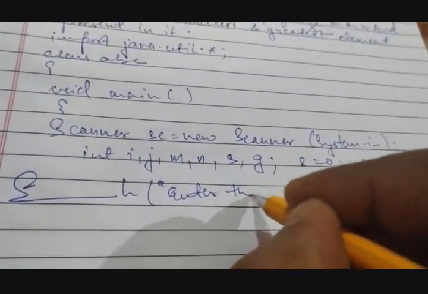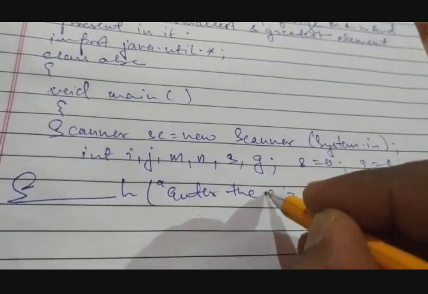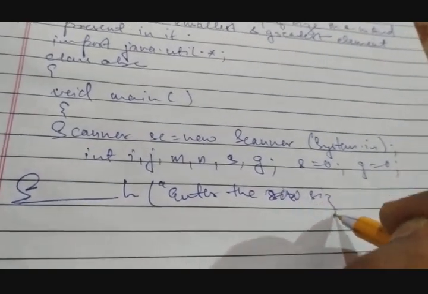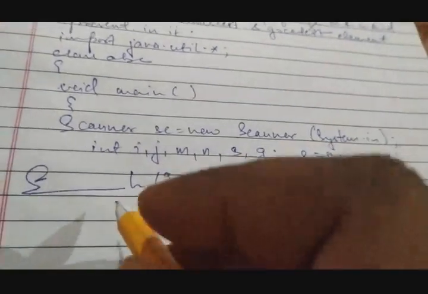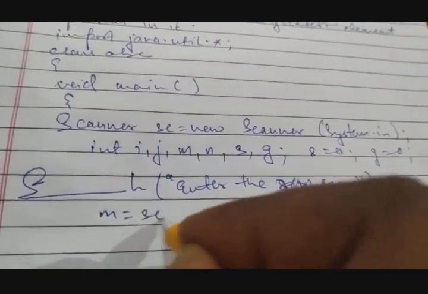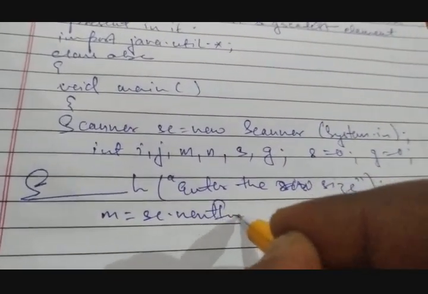Enter the row size. m equals sc.nextInt method.